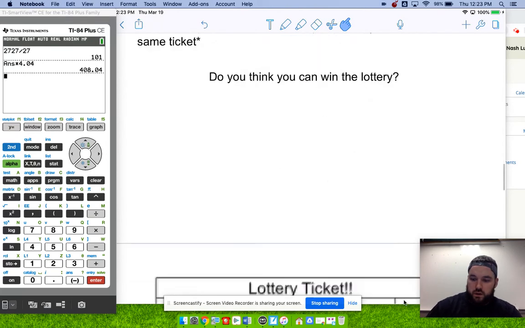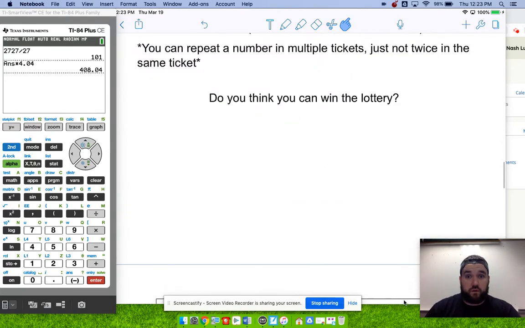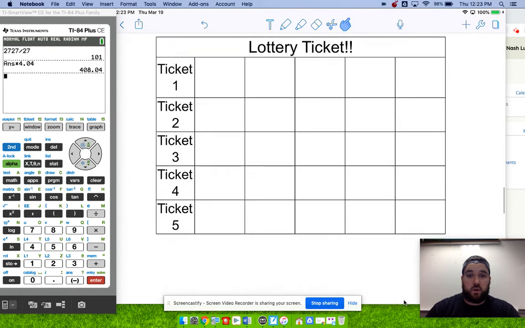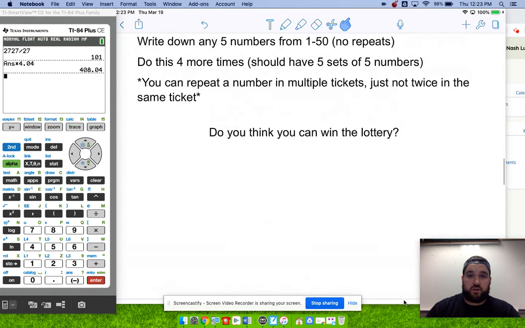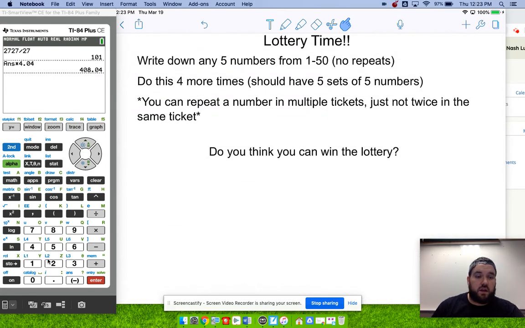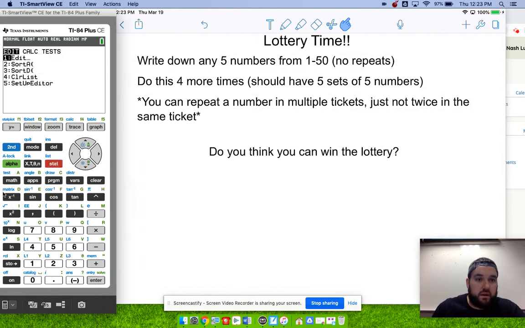Okay. Now, assuming you've picked your 5 numbers, what we're going to do is actually use the calculator to see if your numbers are correct. So in the calculator, there's a way that we can actually get the calculator to give us 5 random numbers.